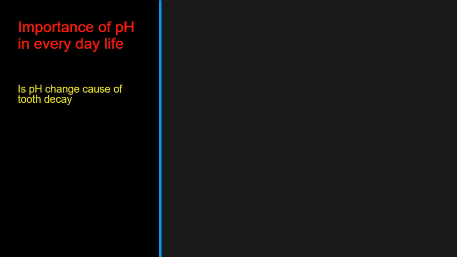Now another one: the importance of pH in daily life, the changes that cause tooth decay. Why is pH responsible for tooth decay? You might have a doubt. When taking food like chocolates or ice creams, some of these carbohydrates or sugars remain on the teeth.